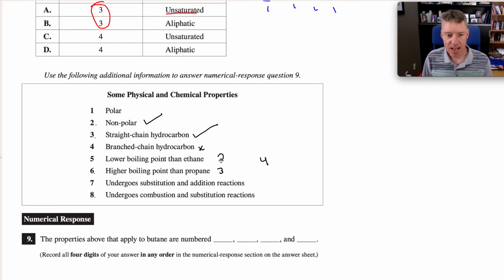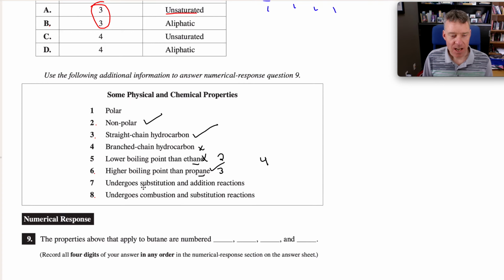So it's highest in this sort of lineup they're laying out. So it's got the most carbons, so it would have the most London forces, most electrons, highest boiling point of eth, prop, or bute. That's the heart of this question. So it would not be lower than ethane, it would be greater than propane.